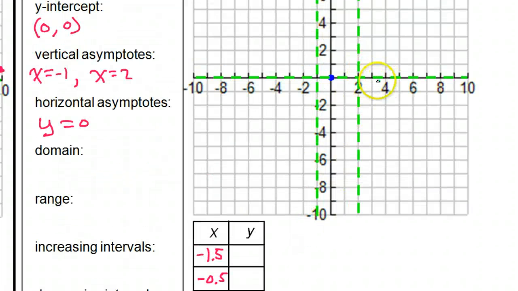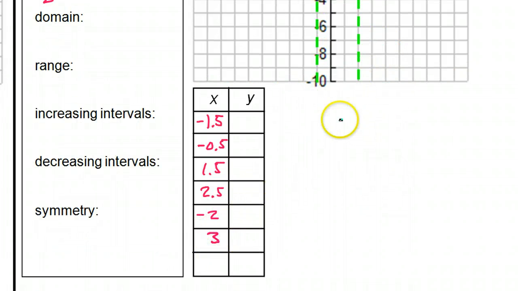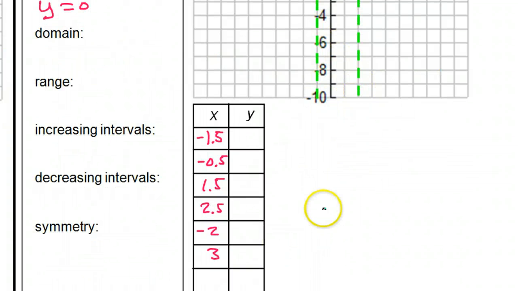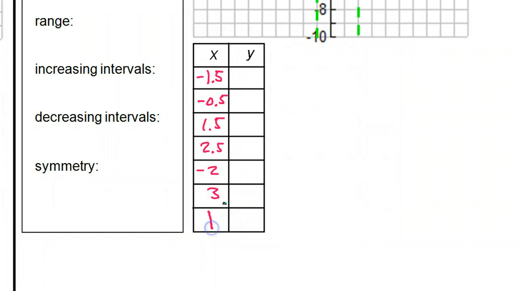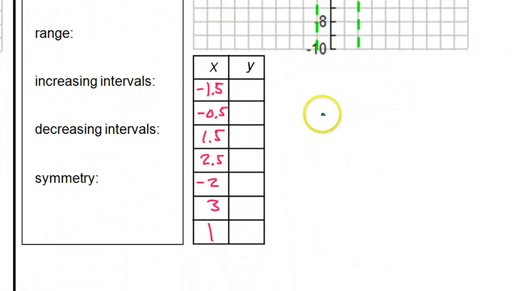Going to the right over here, we did 2.5. Let's see what's going on at 3. How about, let's see what's happening at 1. We have the -0.5. We already have the y-intercept. So let's go ahead and do 1. Okay, so this is a good set of 7 points to start off with. If we need more, we can always get more off the calculator.